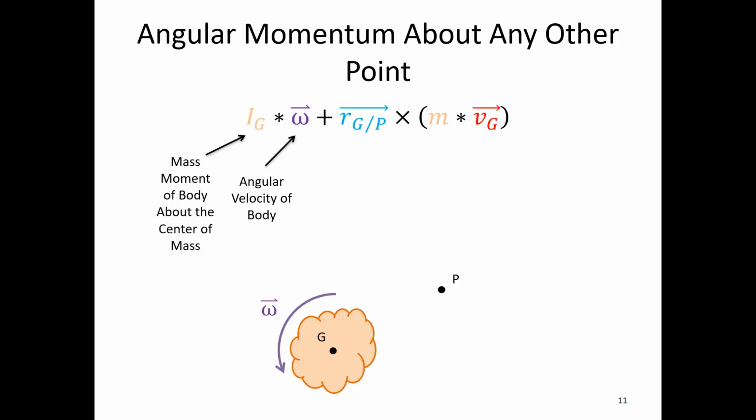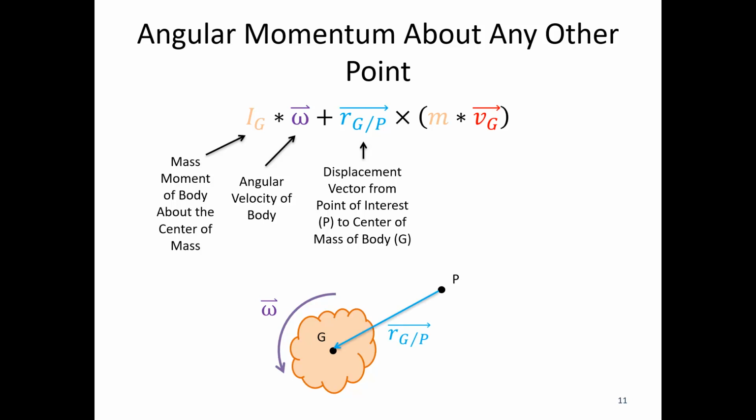So we have r_G/P, which is the displacement vector going from the point of interest, P, to the center of mass of the body. So whatever point we're taking the momentum about, go from there to G. Figure out what that vector is, and it's going to be that vector crossed with the mass of the body times the velocity vector of the body at the center of mass.